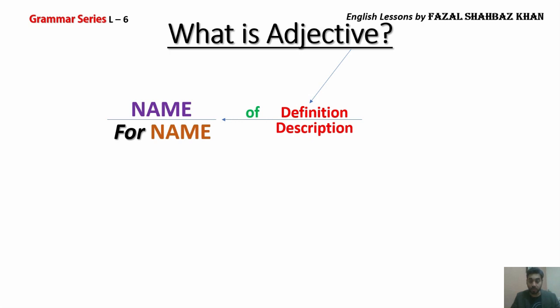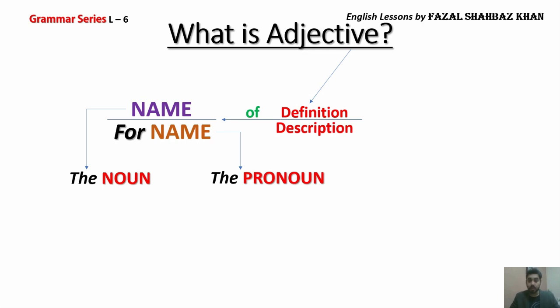So when I talk about name, obviously I refer to the noun, and when I talk about for name, don't forget to view the previous lecture on pronoun, where you will find things clarified as well. When I talk about for nouns, I would obviously talk about the pronoun. For name, I would talk about the pronoun.